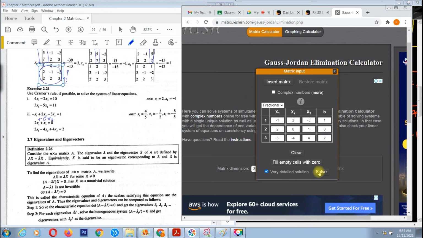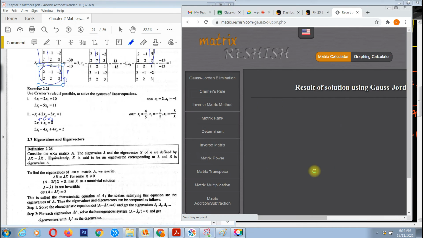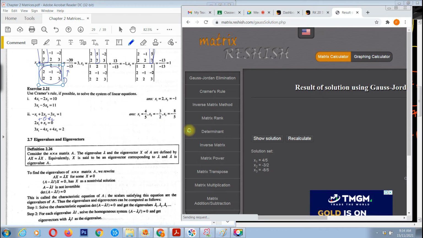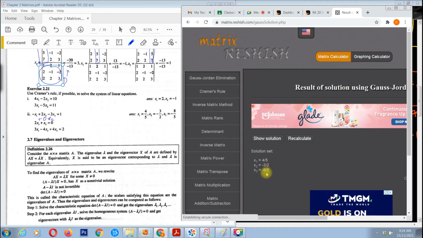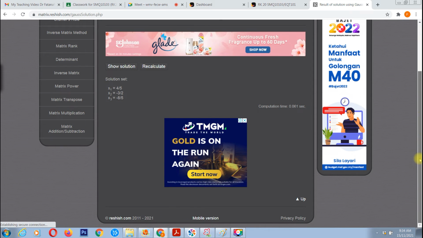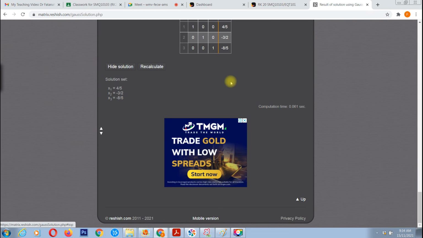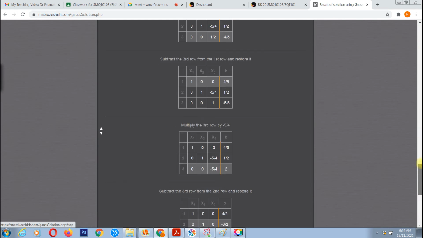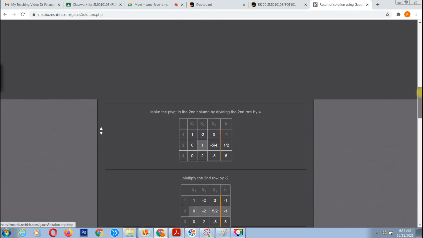For every detailed solution, you click there, you tick there, so you will get 4/5, 3/2, and -8/5. So the solution, where is the show the solution? The solution uses Gaussian elimination.